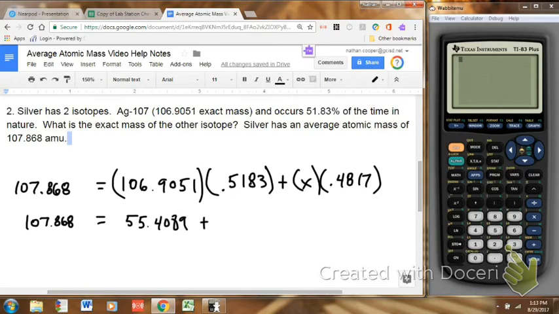I can multiply 0.4817 times x to get 0.4817x. What I can do now is I'm trying to get x by itself, so the first thing I'm going to do is, since I'm adding 55, I'm going to subtract 55 from both sides.